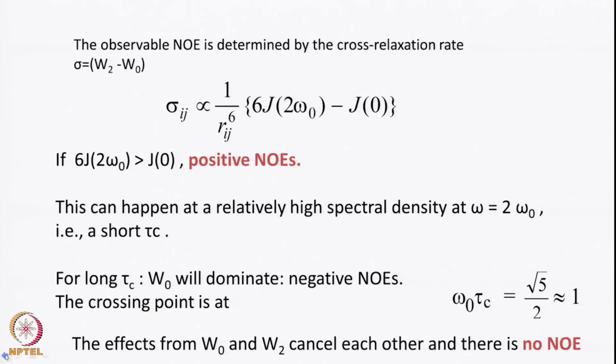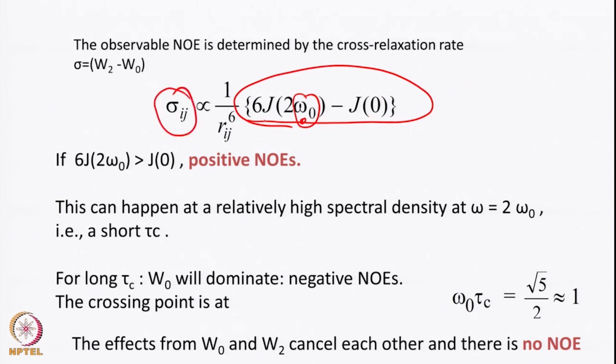Now, refreshing again: the observable signal is determined by the omega 0 frequency and the spectral density at that particular omega 0, because this is the double quantum frequency and this is the zero quantum frequency. So, the cross relaxation rate depends upon the double quantum frequency and the zero quantum frequency.